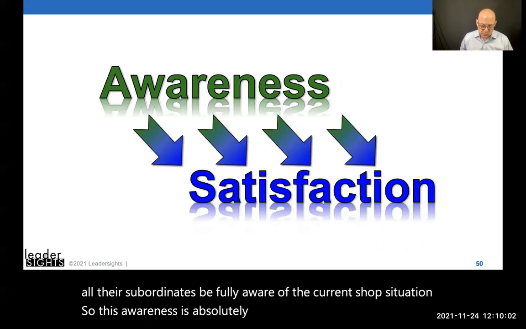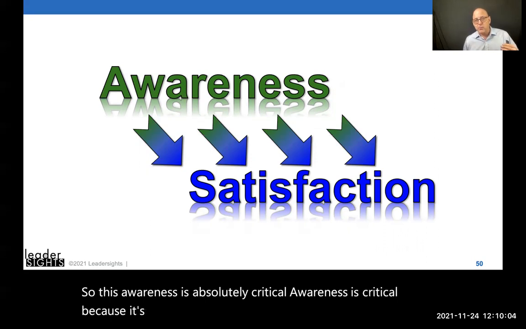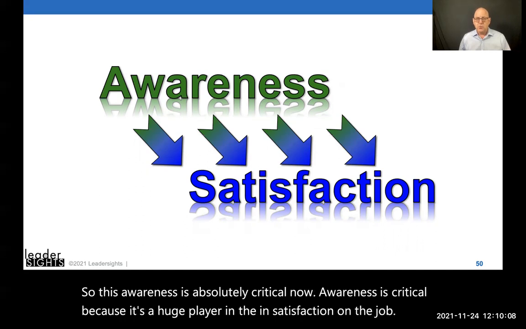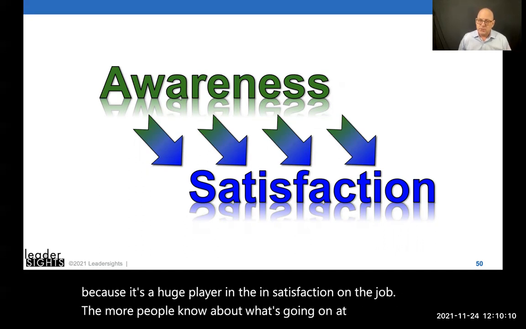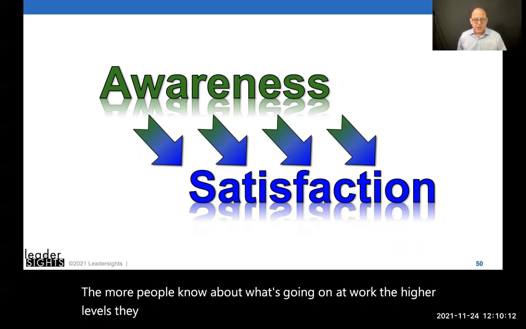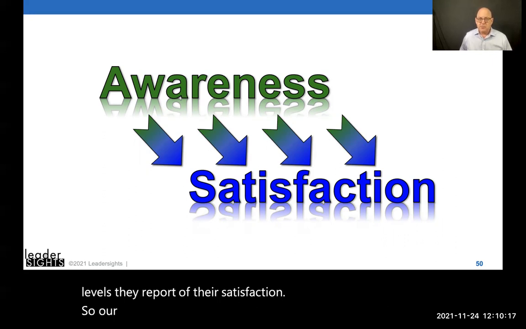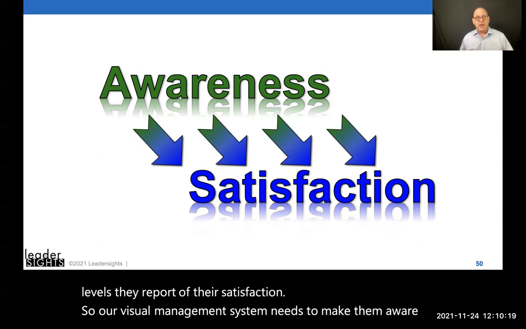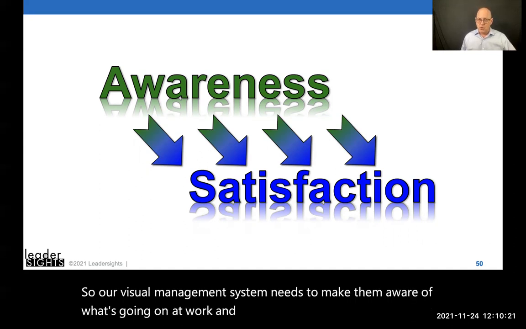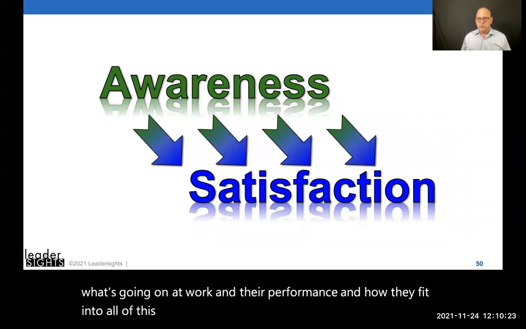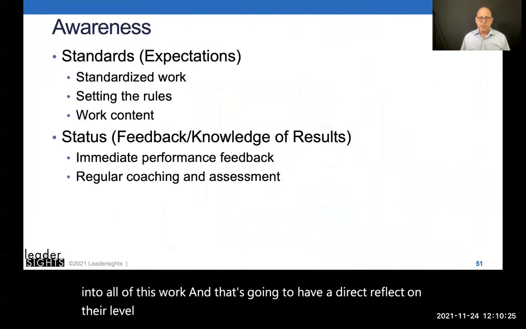The awareness is critical because it's a huge player in satisfaction on the job. The more people know about what's going on at work, the higher levels they report of their satisfaction. So our visual management system needs to make them aware of what's going on at work and their performance and how they fit into all of this work. And that's going to have a direct reflection on their level of satisfaction.